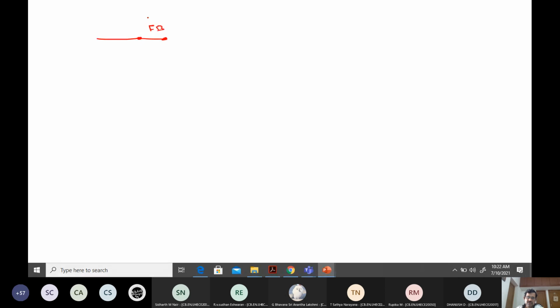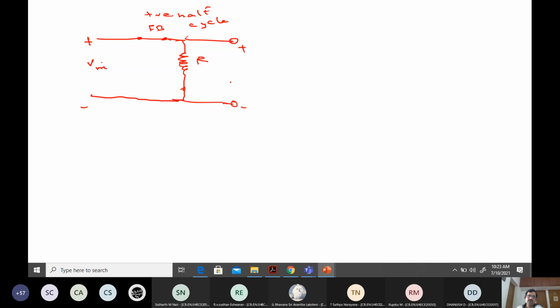Forward bias or positive half cycle. V input, positive half cycle, and this will be my positive, this will be my negative, V out.